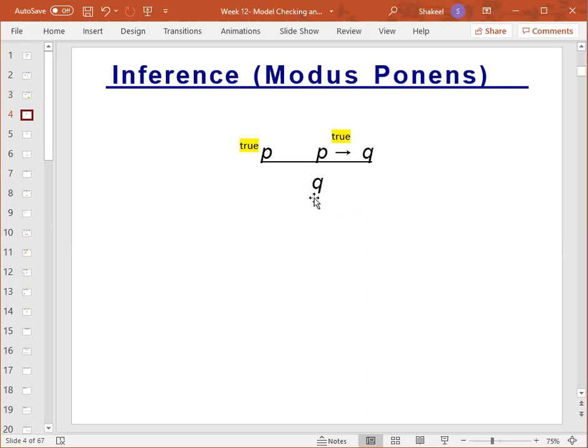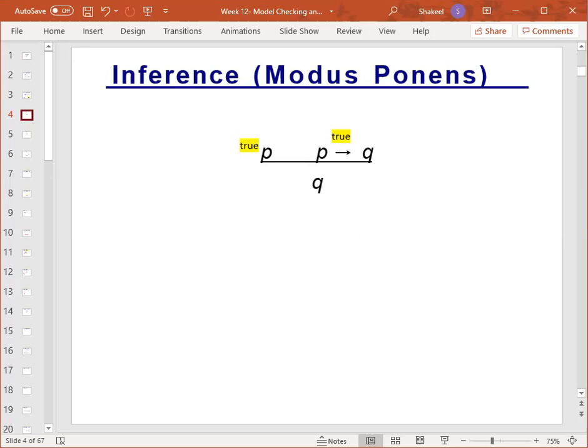This symbol here stands for inference. This is an inference with modus ponens, MP. So if I observe P is true, and if I have P implies Q is true, then I can confidently infer that Q is also true.